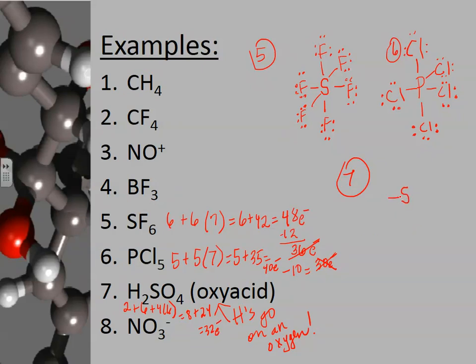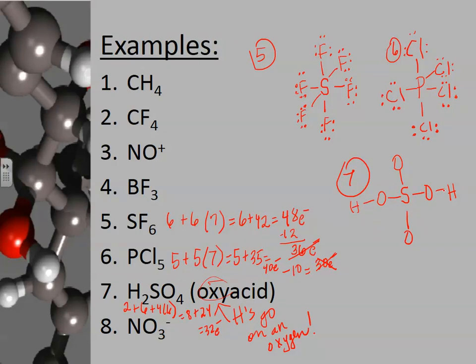Put your sulfur down first, and you're going to connect your 4 oxygens to it. Now, you might be thinking, can I do an expanded octet here? You normally could, however, with an oxyacid, hydrogens must go on an oxygen. So we have to place the hydrogens on an oxygen since this is an oxyacid.